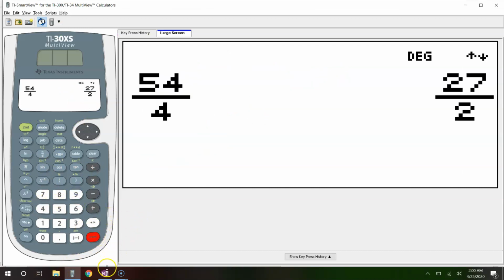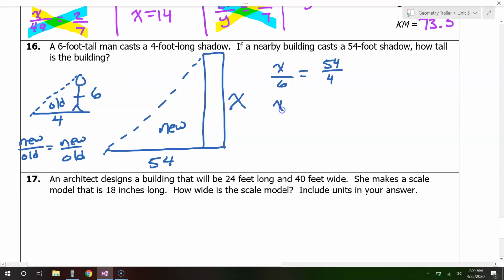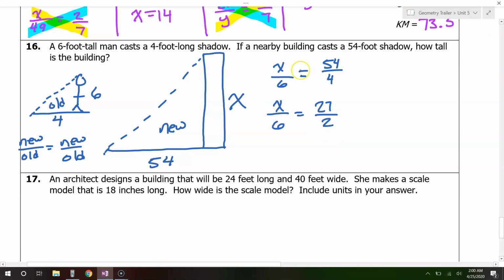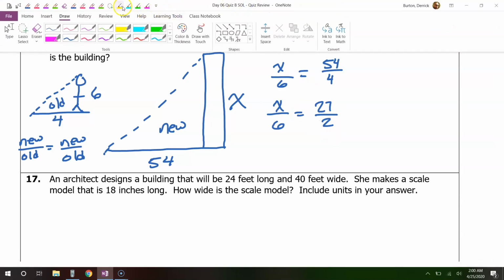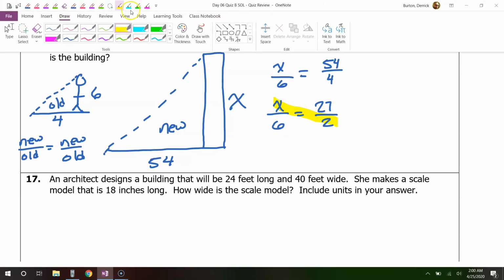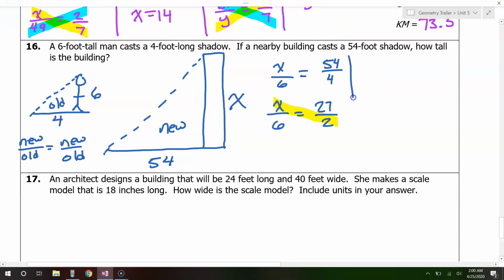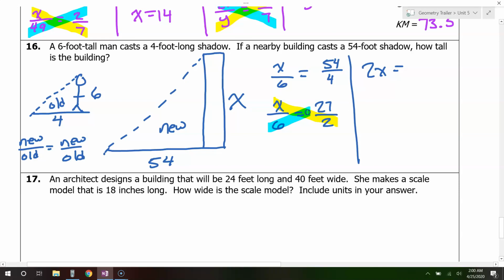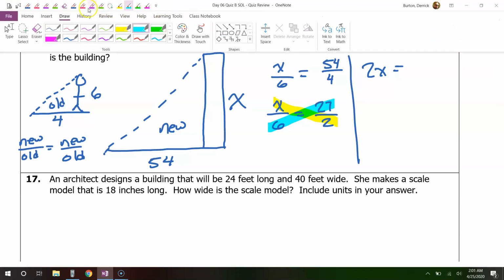All right, that's 27 over 2. So x over 6 is equal to 27 over 2. Now cross multiply. So along this diagonal, I'm going to have 2x. And then along the other diagonal, I'm going to have whatever 6 times 27 is.